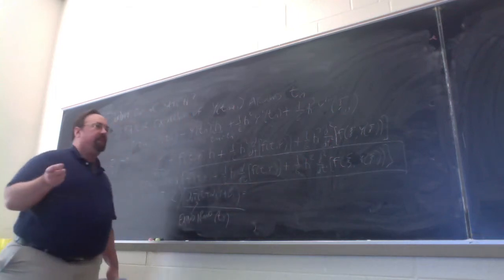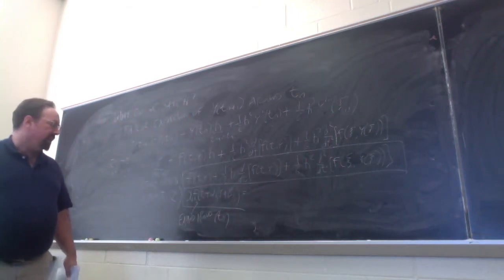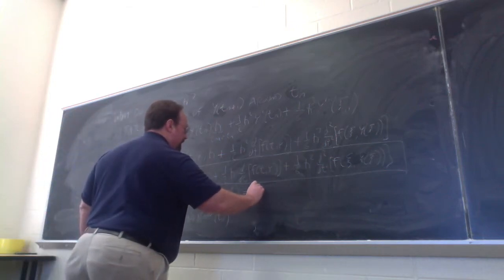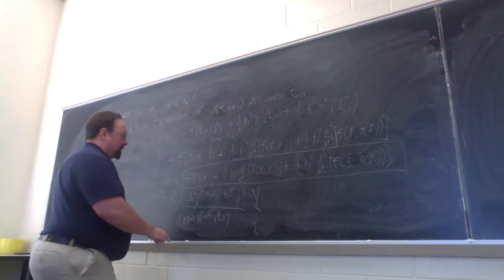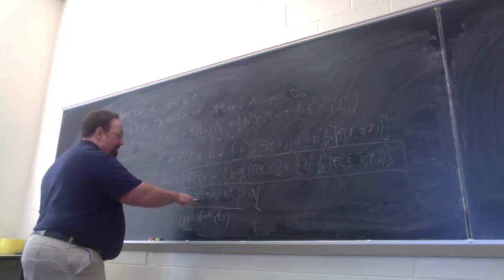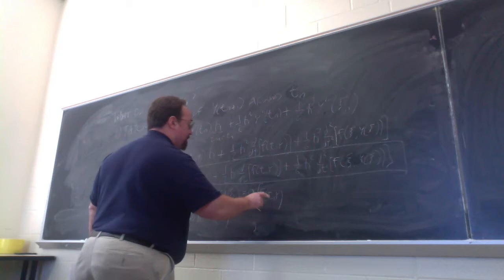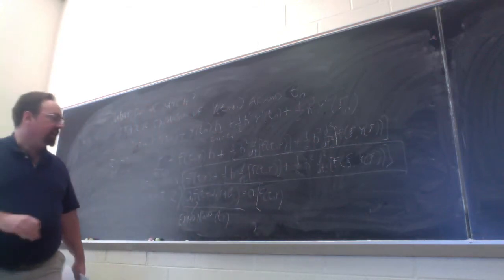So what does that give me? Using the multivariable Taylor expansion I did at the end of Monday's class, well, a1 is multiplying everything. And I'm going to have f of t, y. So that's my first term in my multivariable Taylor expansion.